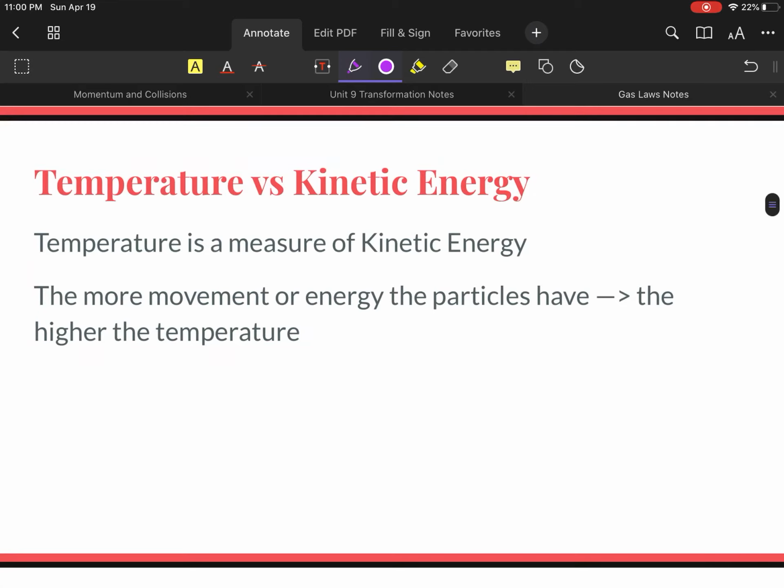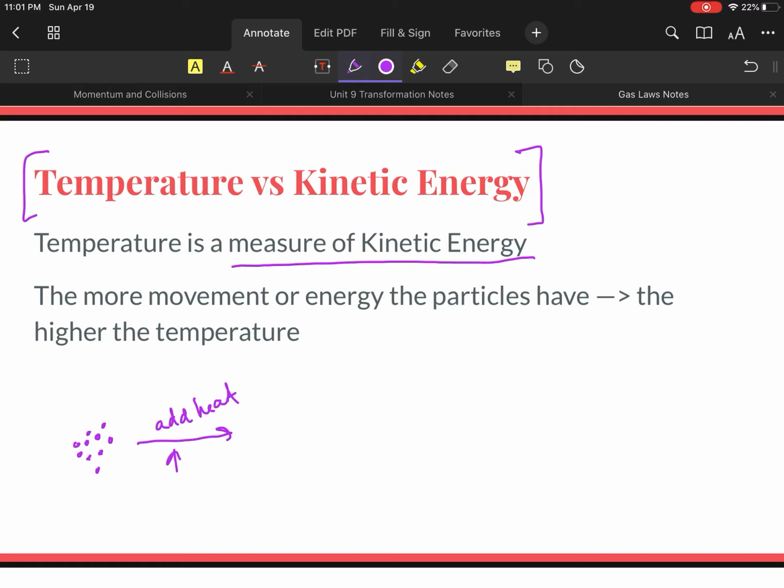One thing to refresh our memory on, since it's been a while, is kinetic energy and temperature. Temperature is just a measure of kinetic energy. If we have a solid, it starts out all packed in tightly, right?